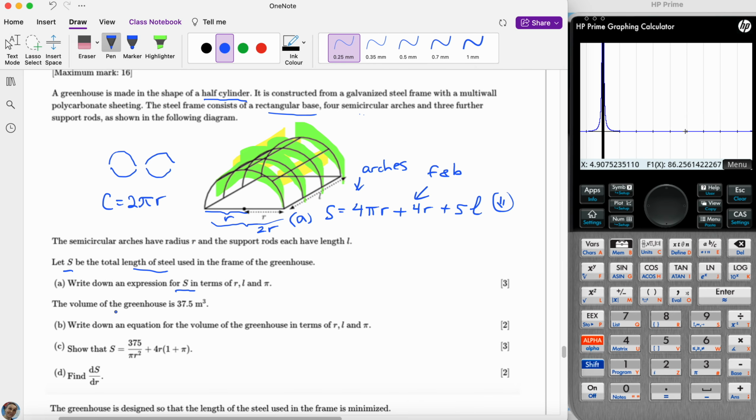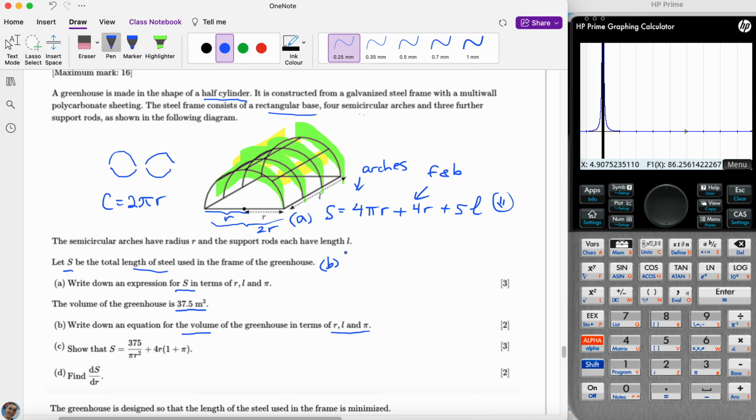Okay, the volume of the greenhouse. Remember, this is going to be an optimization problem. They like to give us this helper function that you then isolate for. The volume is this. Write down the equation for the volume of the greenhouse. This is a semi-cylinder.